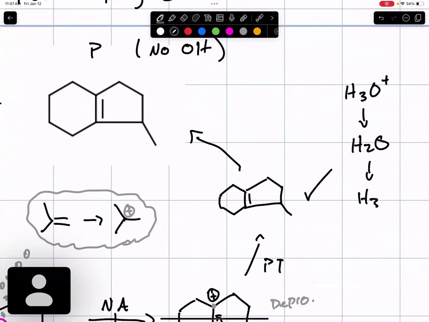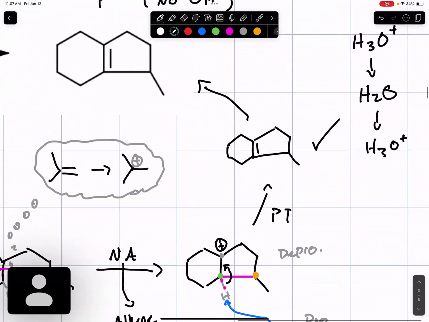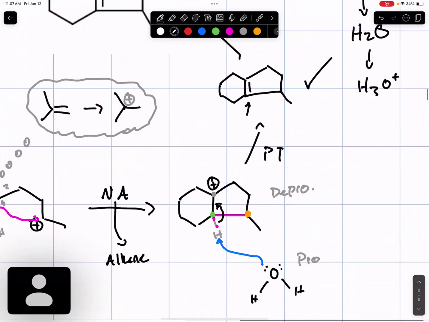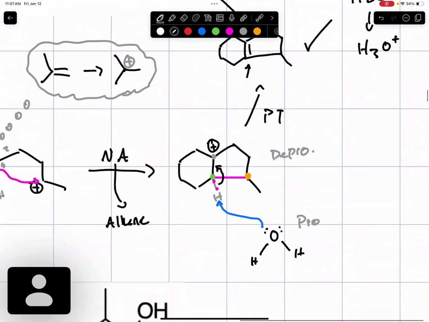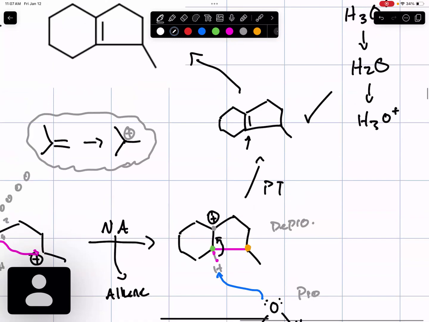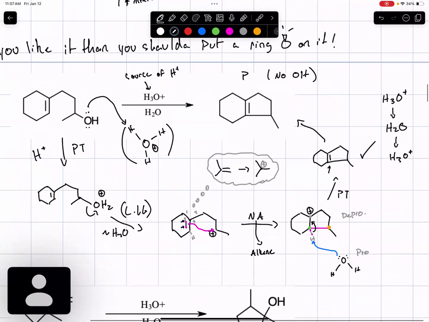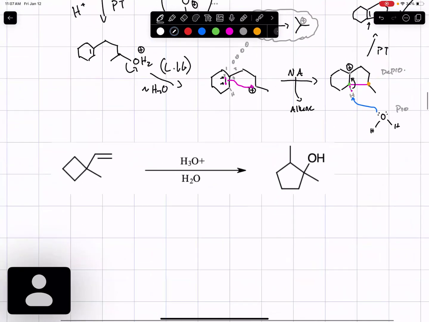Okay, so we're reforming hydronium, and that also makes our alkene because those electrons between the green carbon and the gray hydrogen are now being donated to make this alkene. Okay, is everyone clear? Yes, no, maybe so. Yes. Yes, thank you. Okay, perfect.